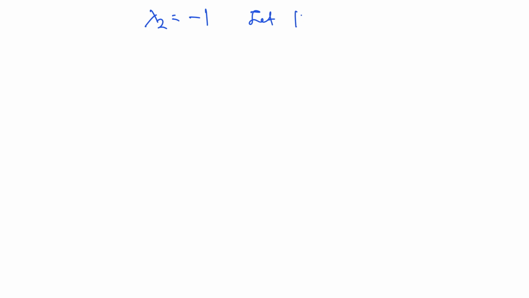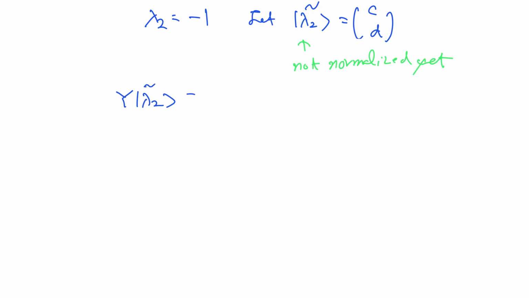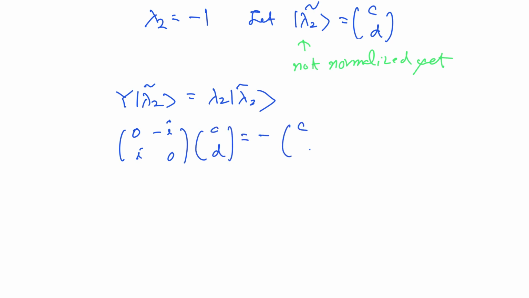Let lambda 2, which is not normalized yet, be C and D. Then Y acting on (C, D) is minus of (C, D), right? Which is (minus ID, IC).